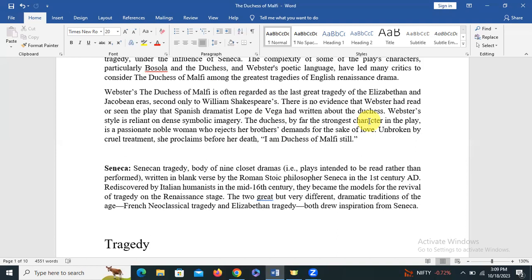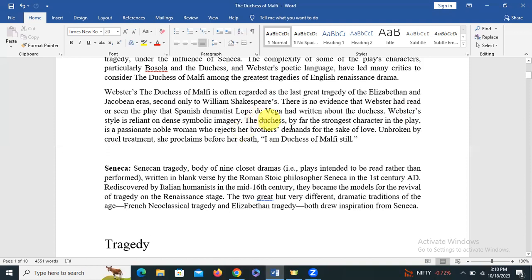So it is sometimes considered that maybe he took the idea from that writer, but it is not known whether he took it from there or had some other source for this drama. Webster's style relies on dense symbolic imagery. We are going to see this in the drama.